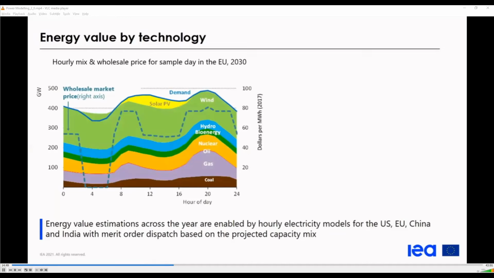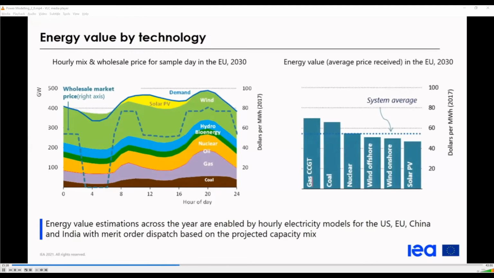So when we do that, not only for a sample 24 hours, but for all 8,760 hours of a given year, we can actually derive the price received by each technology. We can then average it over the year. It can be thought of as if it was the revenues from selling 1 megawatt hour of electricity in that given year. And that's what we call the energy value. It varies across technologies.